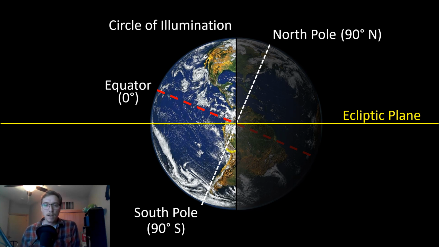Here we can see a corresponding set of angles, added right towards the middle there. These angles represent the offset between the line connecting the poles and the circle of illumination and are equal to 23.5 degrees. These angles here represent the degrees between the ecliptic plane and the poles and will always equal 66.5 degrees.